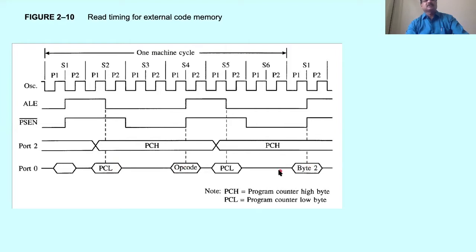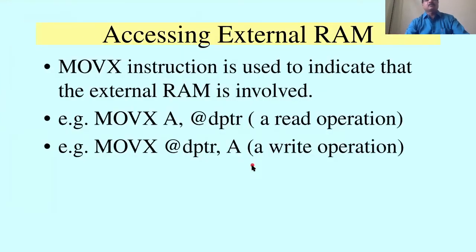That is how a read operation with the external memory is performed in one machine cycle by the 8051 microcontroller. Similarly, let us understand how to access the external RAM.